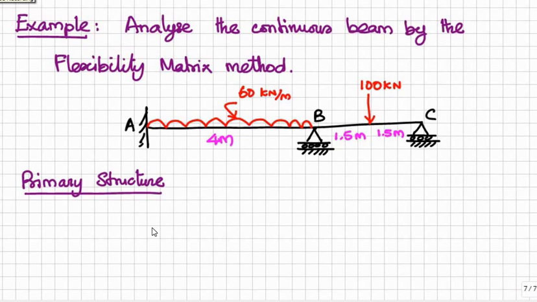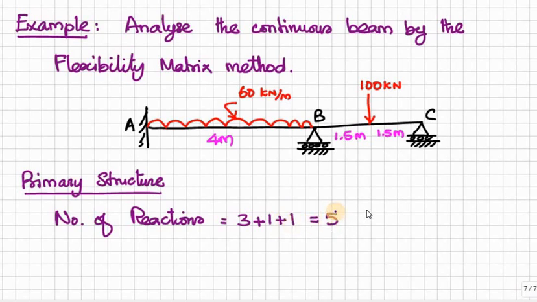So in this problem, total number of reactions is equal to 3 at support A because of fixed, and at support B we have only 1 because of roller. At support C we have 1. So totally 5 reactions.